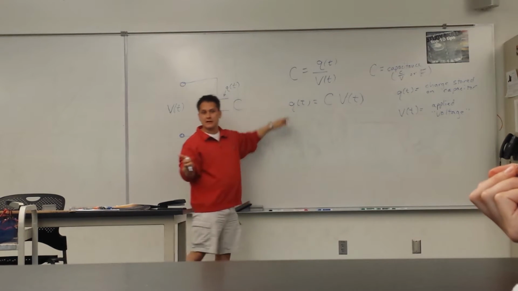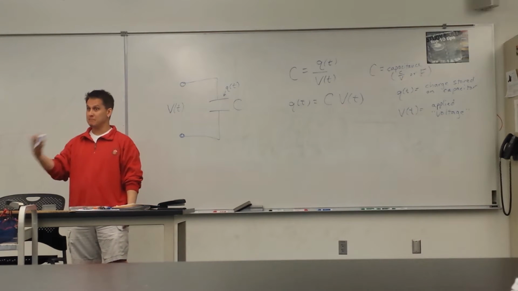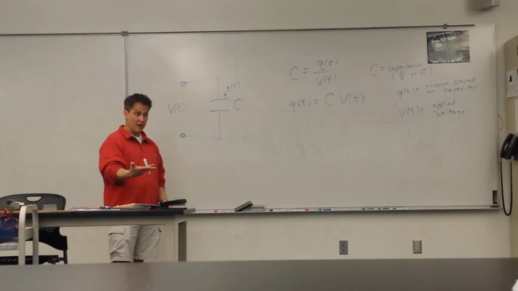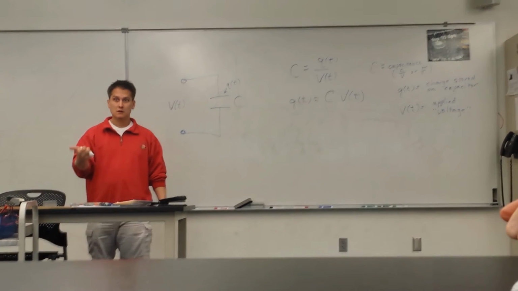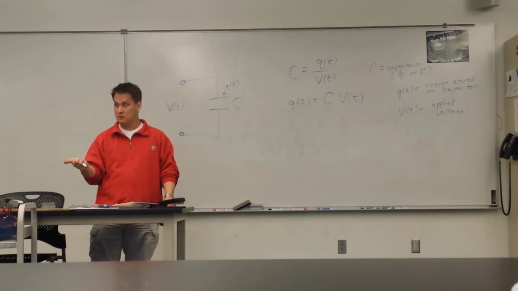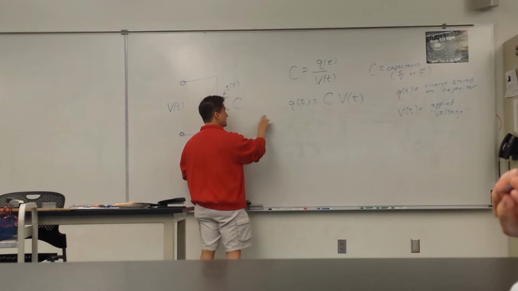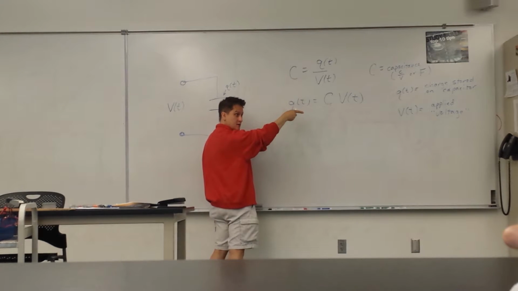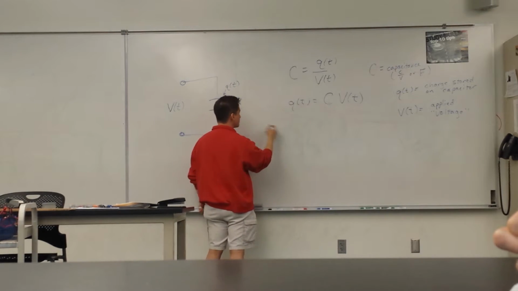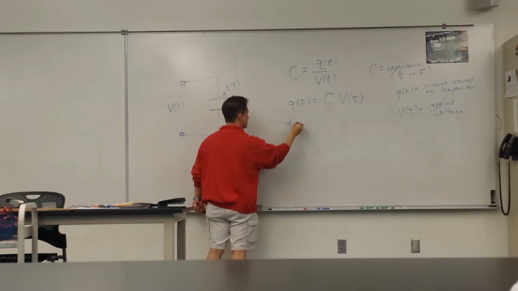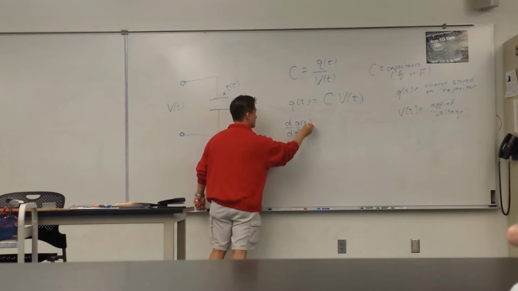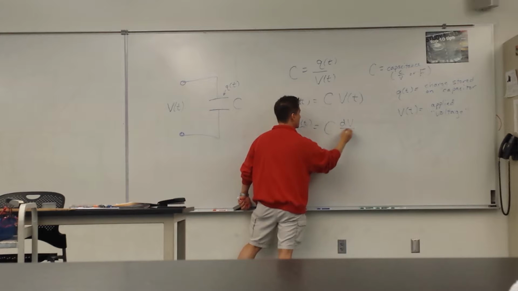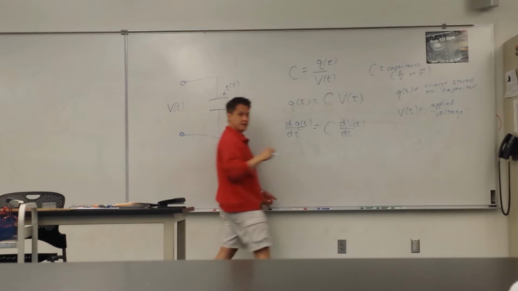Charge sensor notwithstanding, it's rare that we ever directly measure an electrical charge quantity. The two most direct quantities that we measure are voltage and electric current. And the idea is that if you take the time derivative of both sides of this relationship, dq/dt should be related to C, which is a constant, times dV/dt.